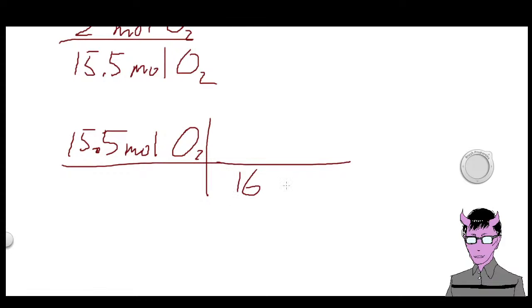So 16 grams of oxygen is 1 mole of oxygen, right? And that's wrong, because again, it's diatomic, it's 2. So make sure you clarify that always. It's going to be 16 times 2, which is 32, for every 1 mole of diatomic oxygen.